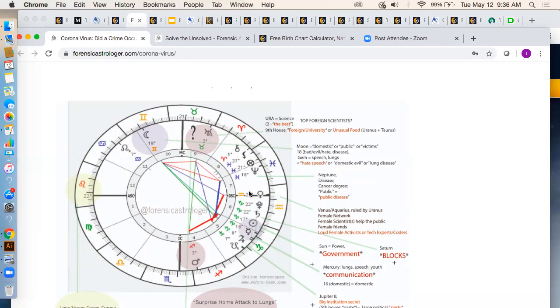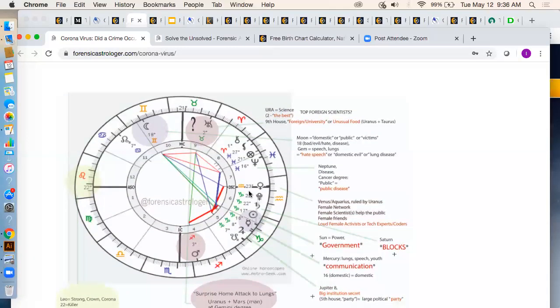So let's go on to my prediction. And that is, I think a powerful female scientist will invent a vaccine, and that it might use an alternative method. And the use of UV light has been in the mainstream media, and I think that might be incorporated somehow. Venus is square here to K2.